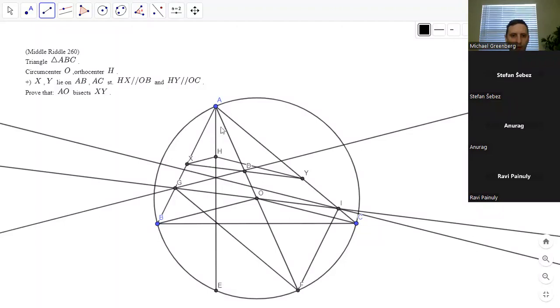Okay, let me think about trig Ceva. So this over this is obvious. Now this angle here, you know, it's parallel to OB. Let's think about this.